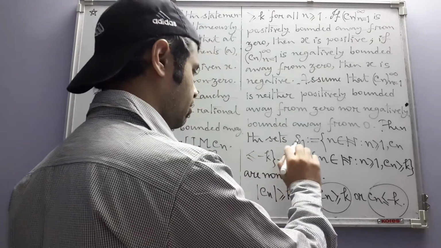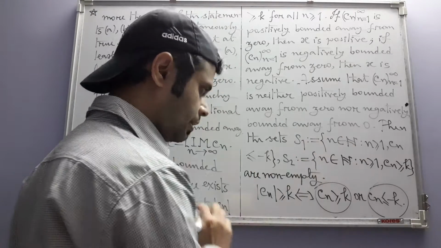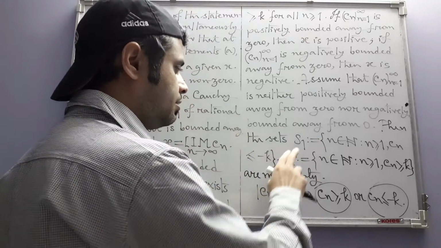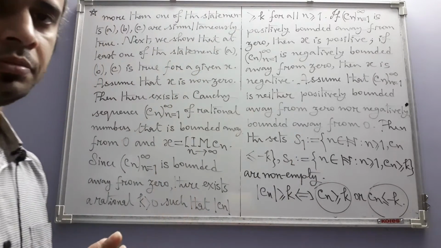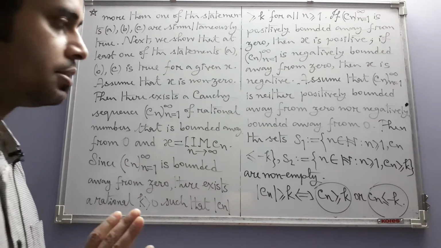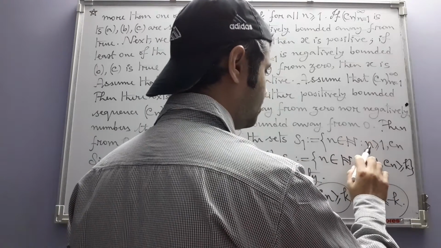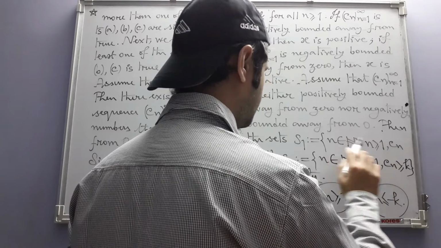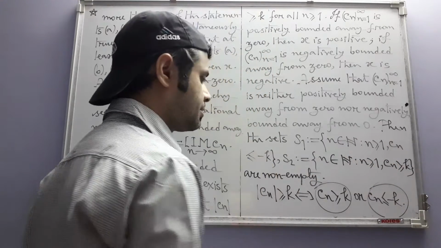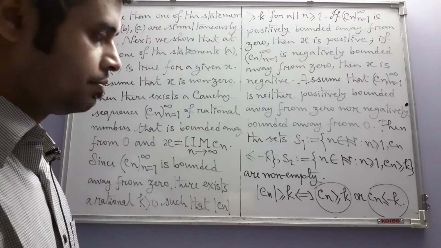Now what about non-emptiness of these sets? Suppose S1 is empty. That means for every positive integer n, Cn is not less than or equal to minus k.